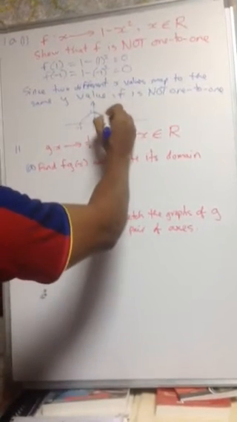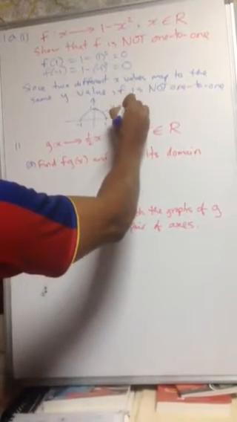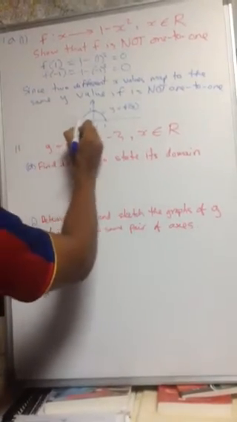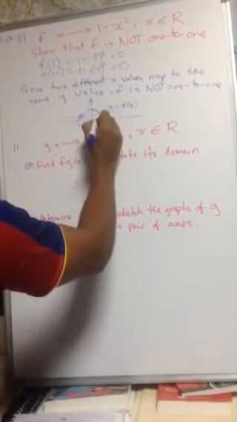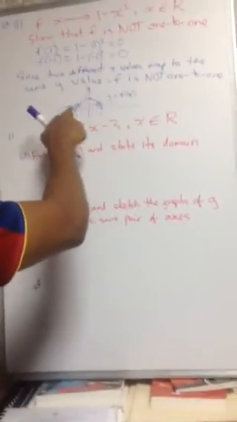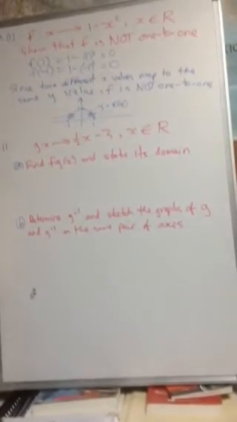So this would be a rough sketch of y is equal to f of x. If we carry out a horizontal line test, here for instance, we see that two different x's map onto the same y, and therefore it's not one-to-one.